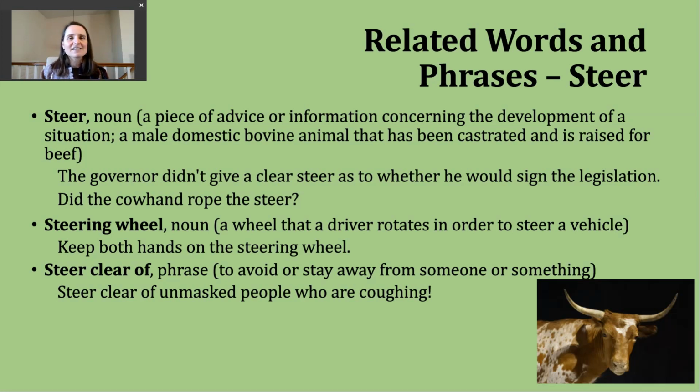The last phrase I have on your screen, I've introduced a bit already. It is that idea of steering clear of something. So again, this means to avoid or stay away from either a person or some object or thing. An example of this, steer clear of unmasked people who are coughing.